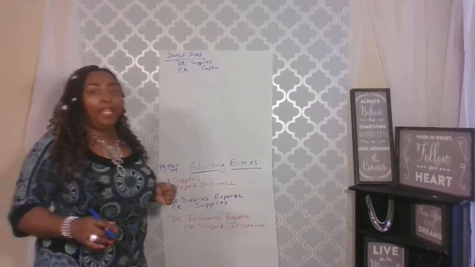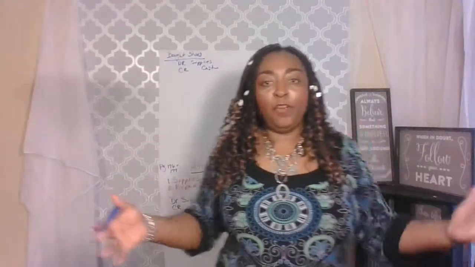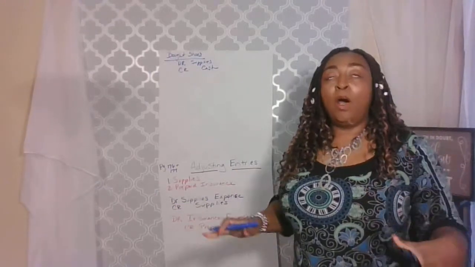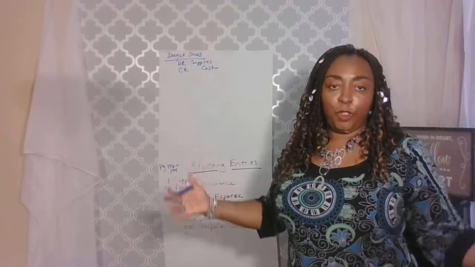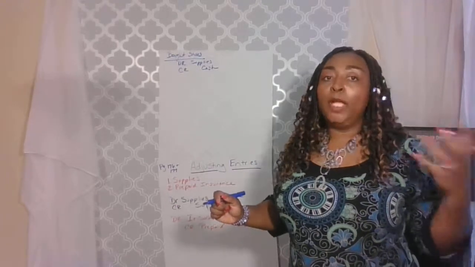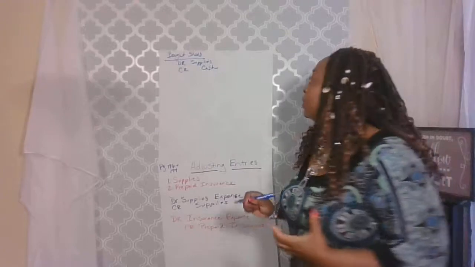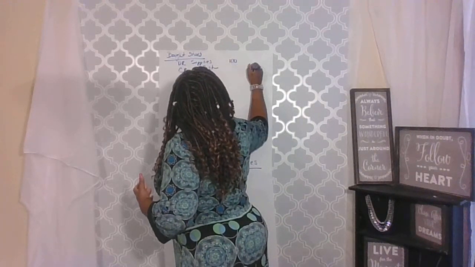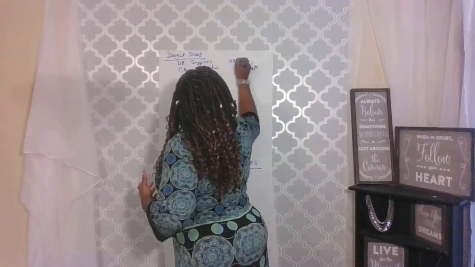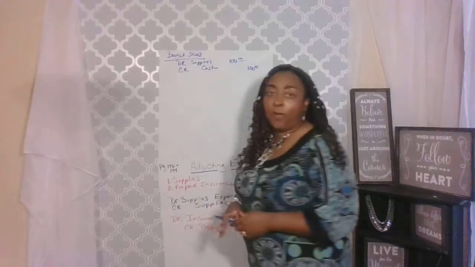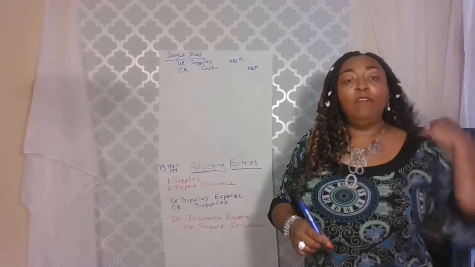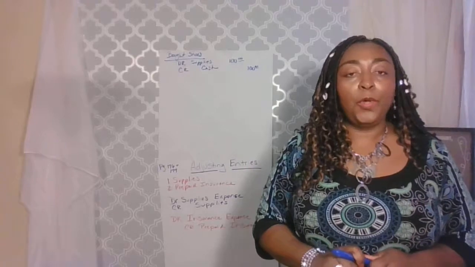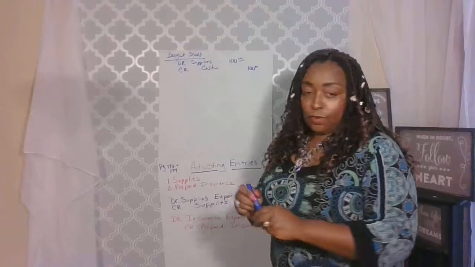Let's say I paid $1 for every shoe and I bought 100 pair of shoes. That means I spent $100 on my shoes. So this journal entry would be $100 to represent the purchase of my shoes. And the value of the shoes that I purchased is $100. Okay, so that's buying the shoes.